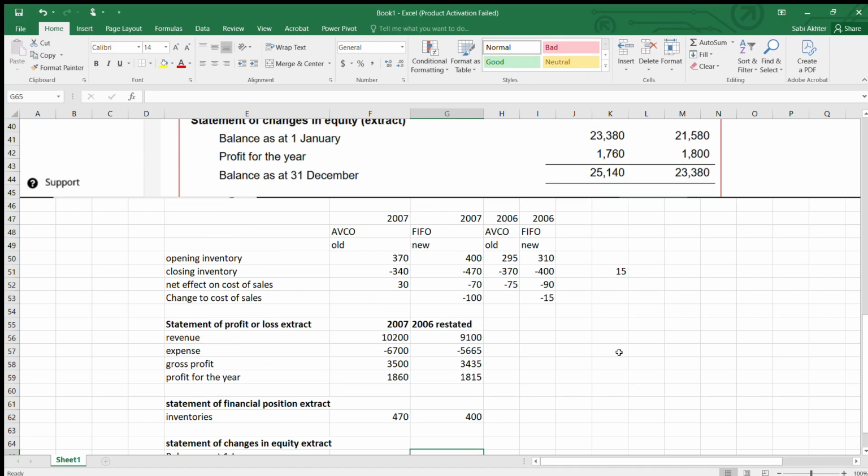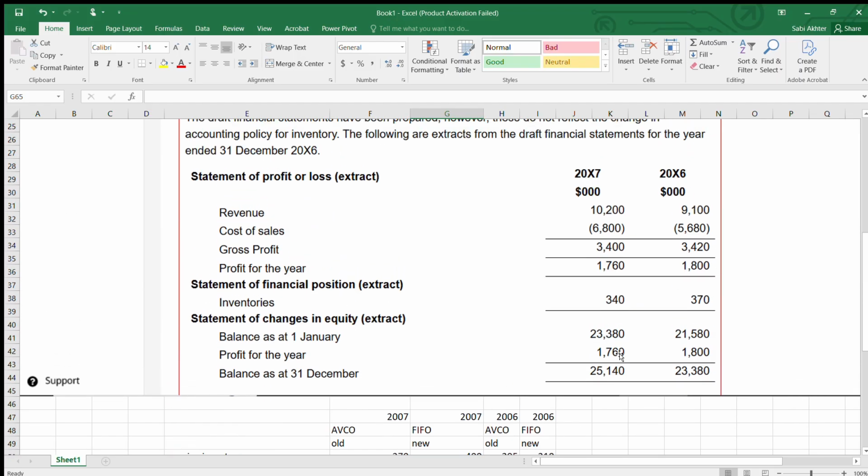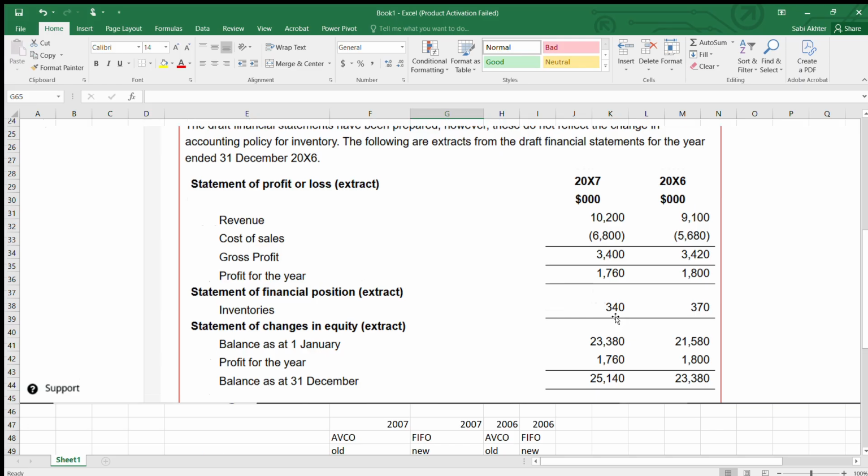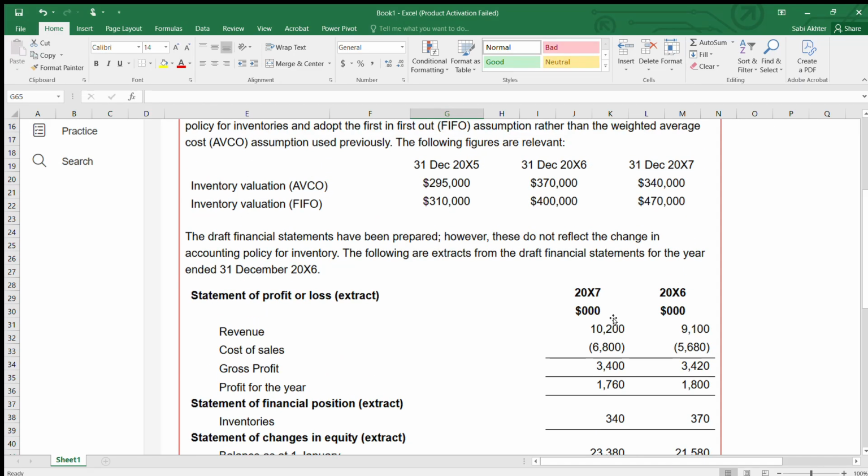Okay, so now what is the balance? See, there is one thing that you have to see when you are writing the opening balance under statement of changes in equity, that is in your retained earnings.